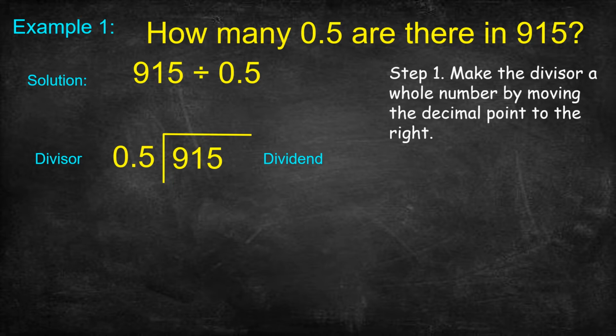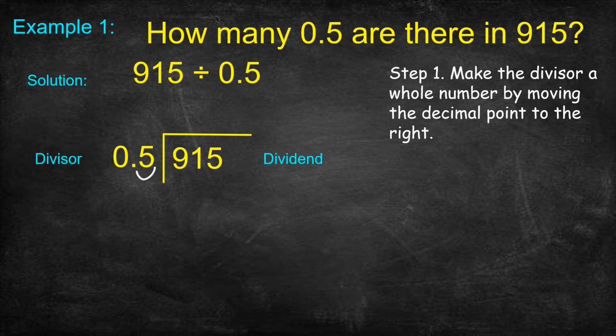The first step is to make the divisor a whole number by moving the decimal point to the right. Ibig sabihin, kailangan daw natin magawa yung ating divisor na whole number by moving yung ating decimal point papunta sa right or papunta sa kanan. So, dahil ang given natin ay 5/10ths, isang decimal place lang yung ating i-move.